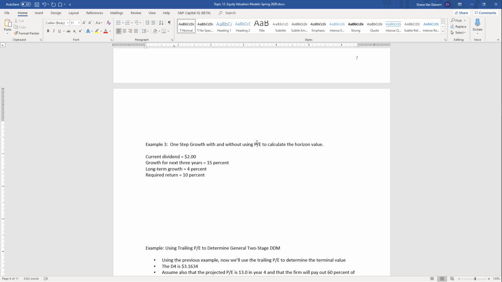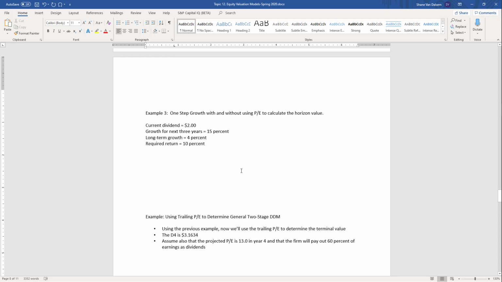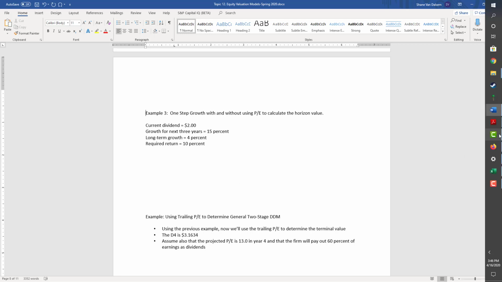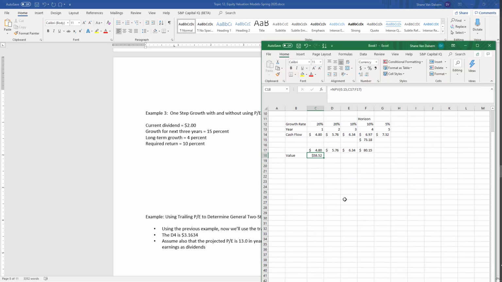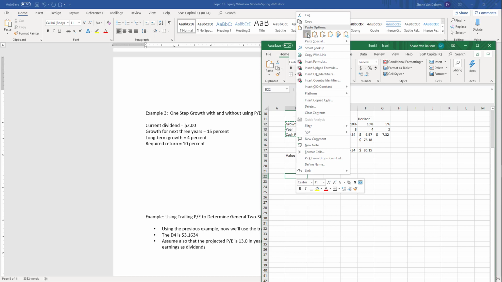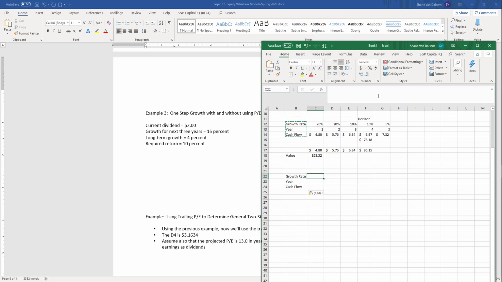So we're going to work this one first by just using that constant growth model for the horizon value, and in this case the horizon value occurs at the end of year 3, because our high growth is 15% for 3 years. So I'll go back out here to Excel. So our growth rate for 3 years is 15%.